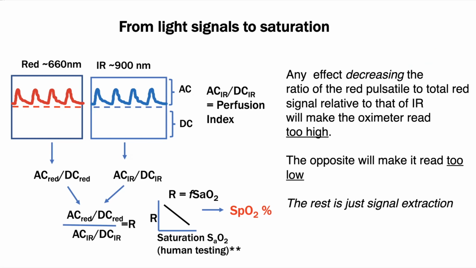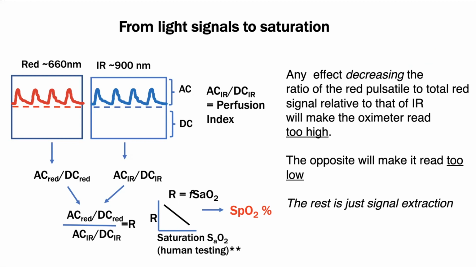And he created a dimensionless approach to the analysis of these signals by expressing these signals as a ratio between the AC component, the pulsatile component, and the DC component. For red and infrared light, one could derive an index that is related to the saturation. Now, this number is dimensionless.